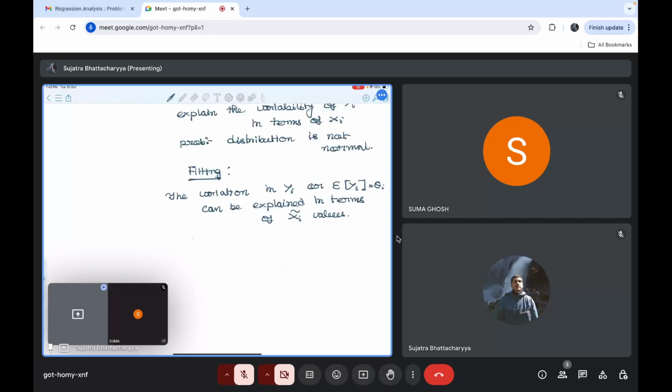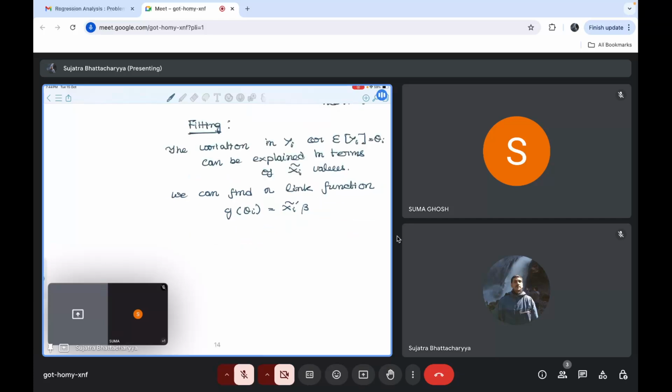Let us see it. So we can write or find a link function, in general, g of theta i is equal to xi prime beta. Whether to write the transpose or not depends on which way you are writing the matrix.